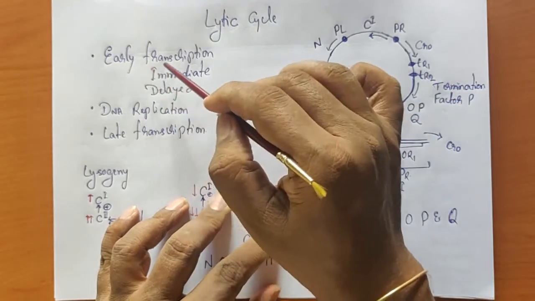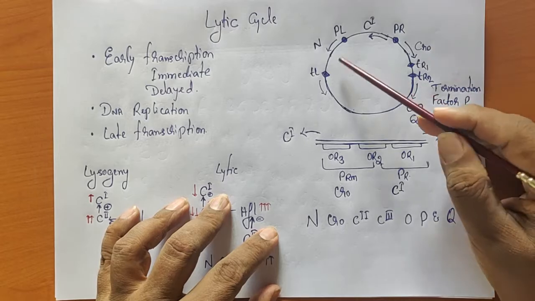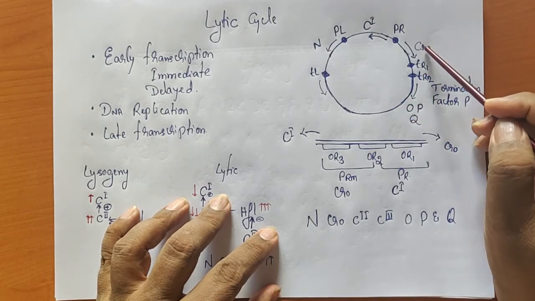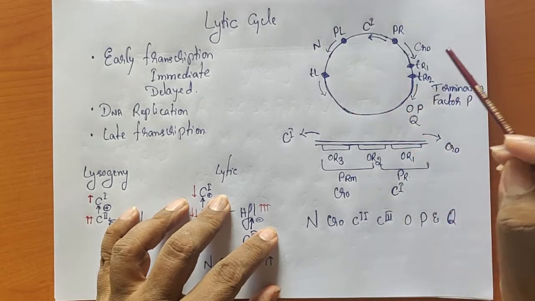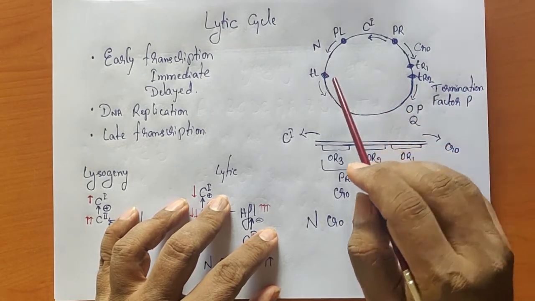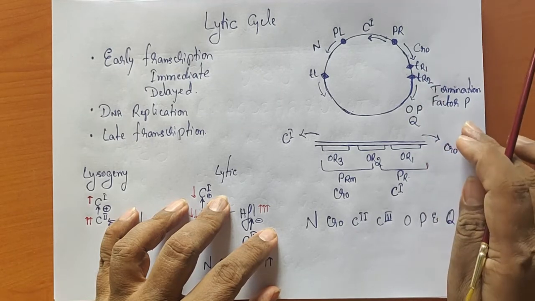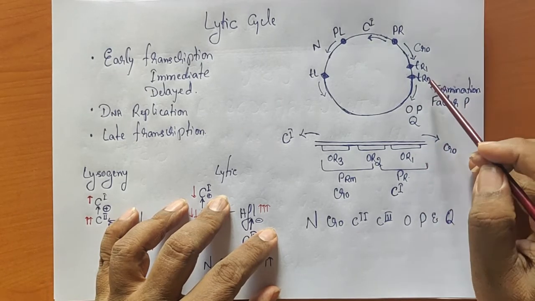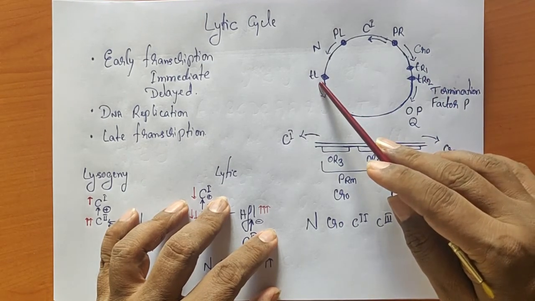So now in case of the immediate early transcription, the only proteins synthesized are going to be N, and another one is going to be CRO. And further transcription is blocked principally because we do have a region called TR1 and TR2, that is on the right side, and on the left side we have a TL.